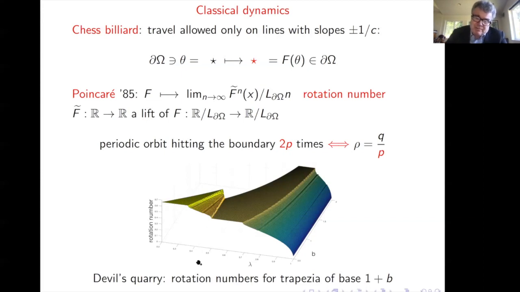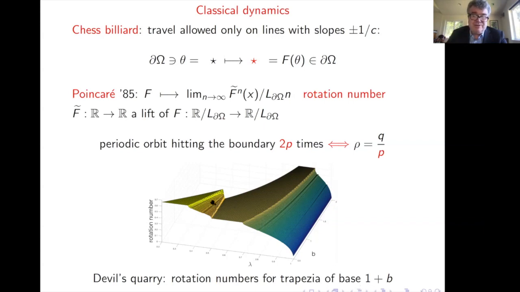And these rotation numbers behave in an interesting way as lambda varies. The way I define it, it's a decreasing continuous function. So it's sort of like a devil's staircase. And here is a picture of the devil's staircase, namely you take rotation numbers as functions of lambda, and then you change the base of the trapezium to be 1 plus b.